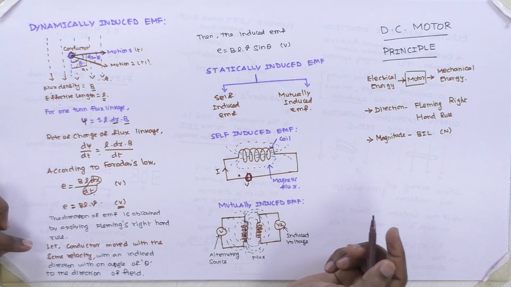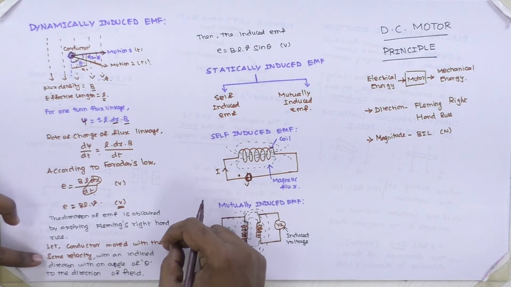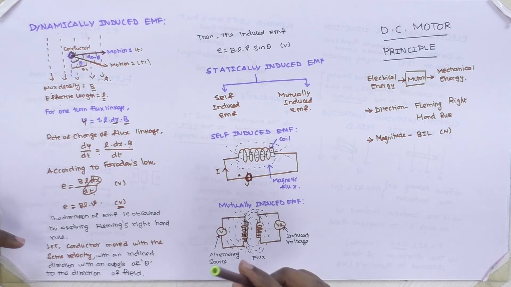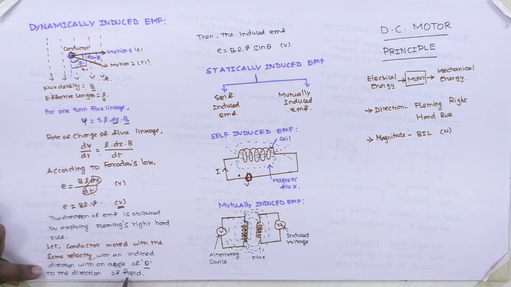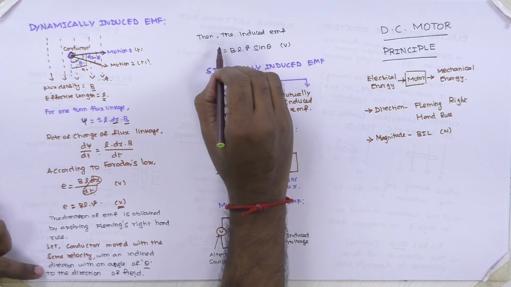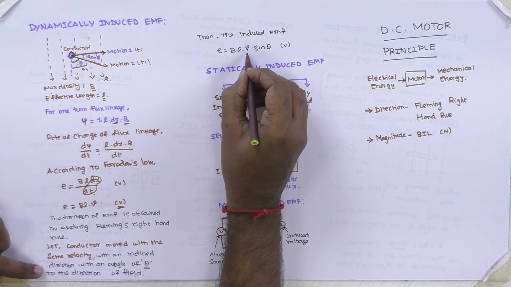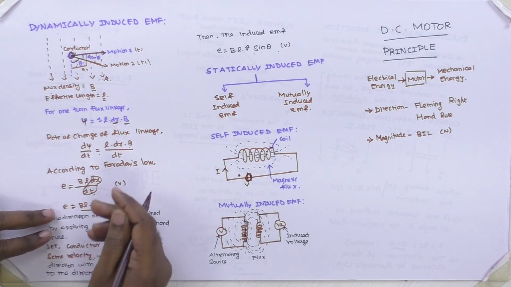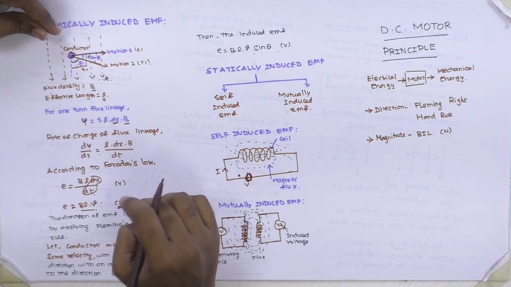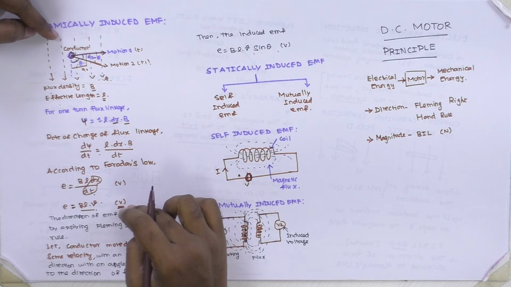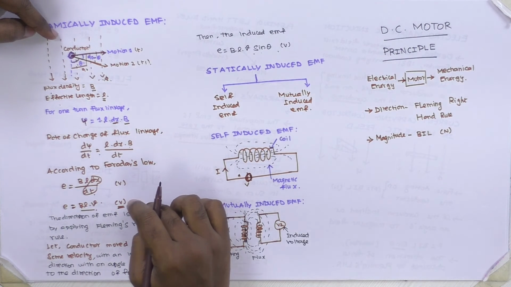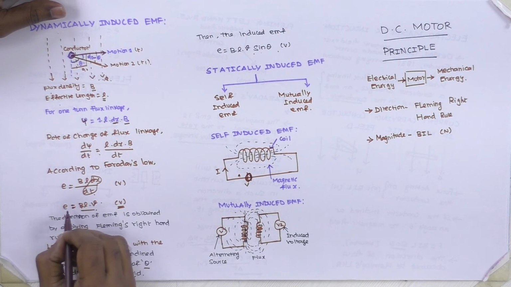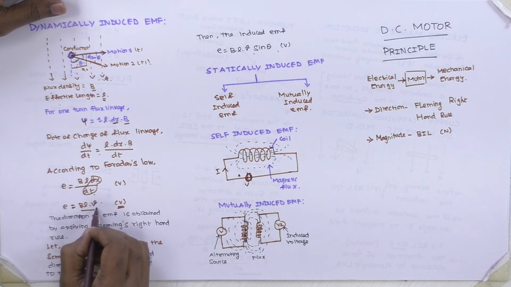Let the conductor move with the same velocity in an inclined direction, at an angle theta to the direction of the field. Then the induced EMF E is equal to BLV sin theta. Here the assumption is that the angle between the conductor and the magnetic field is 90 degrees, a right angle, so in this case E is equal to BLV.